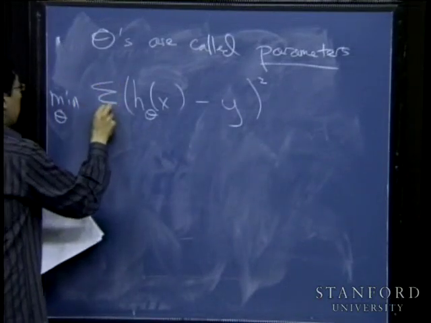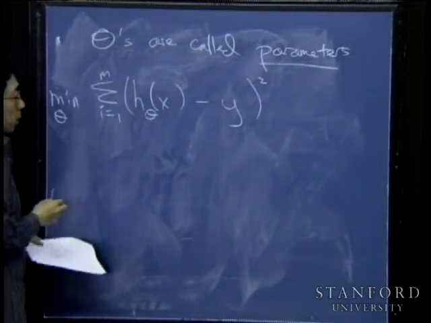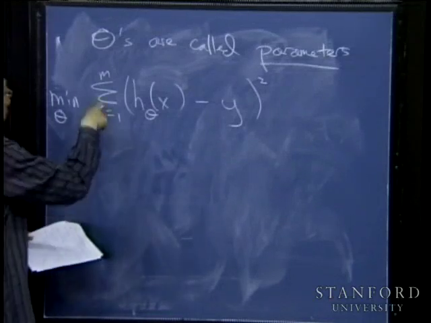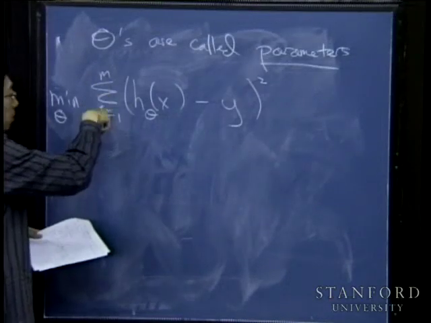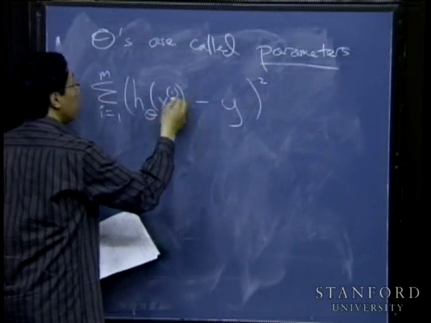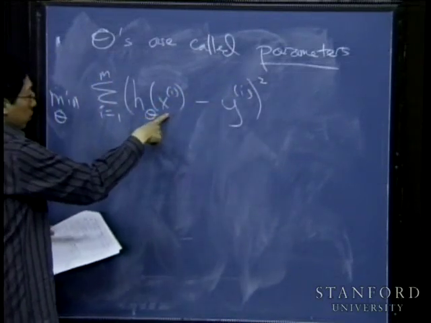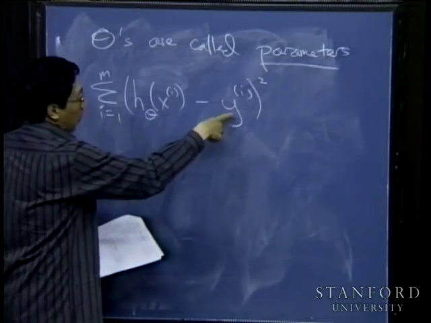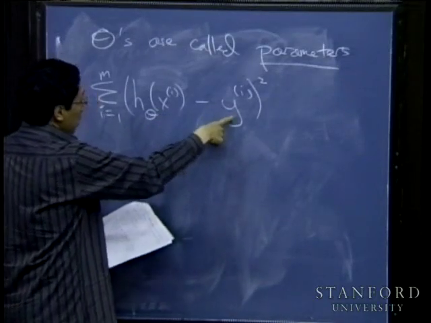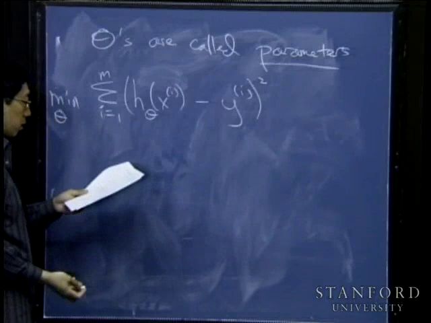And so I'm going to fill this in. We have m training examples. So I'm going to sum from i equals 1 through m of my m training examples of the price predicted on the ith house in my training set minus the actual price on the ith training example.